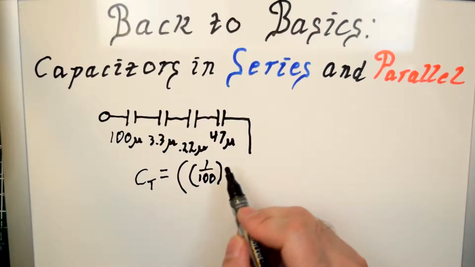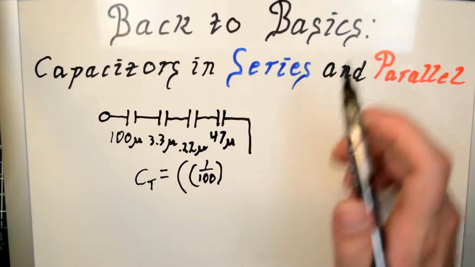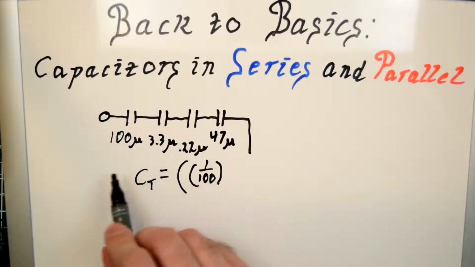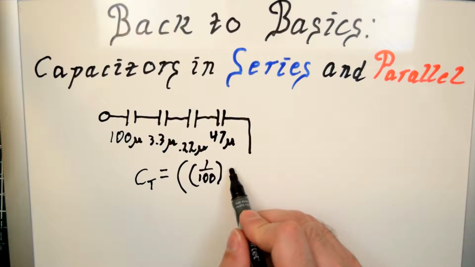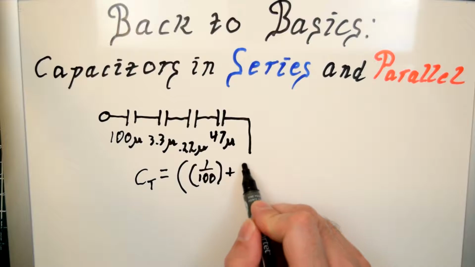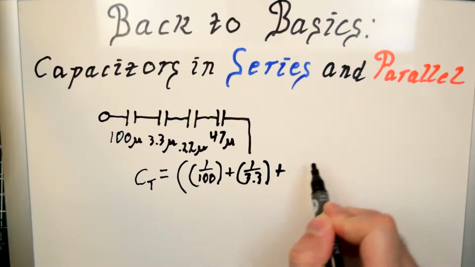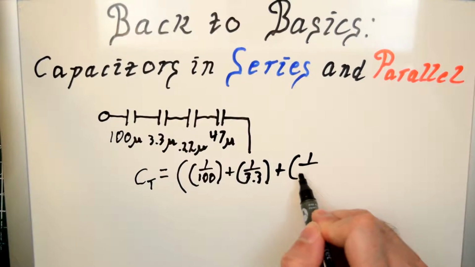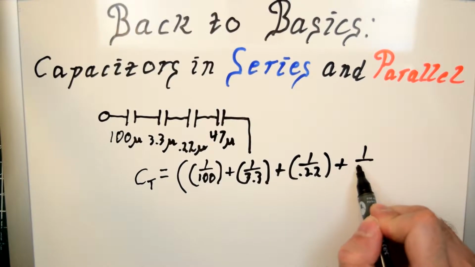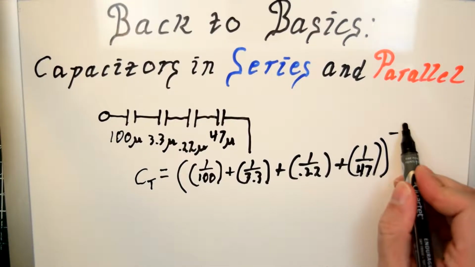Being as they're all in microfarads, we don't have to really distinguish, like I would normally use exponential notation for this, but we'll just leave it with their discrete units and it'll be the same thing. We'll just remember that we're working with microfarads. Plus 1 over 3.3 plus 1 over 0.22 plus 1 over 47. And then all of that to the -1.